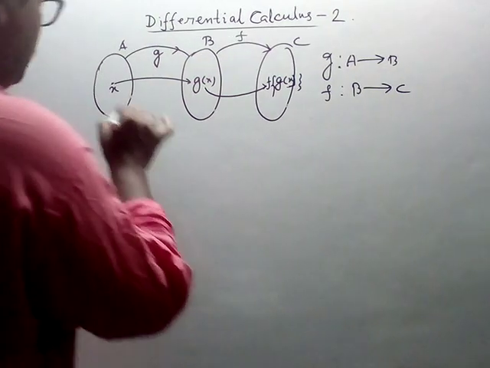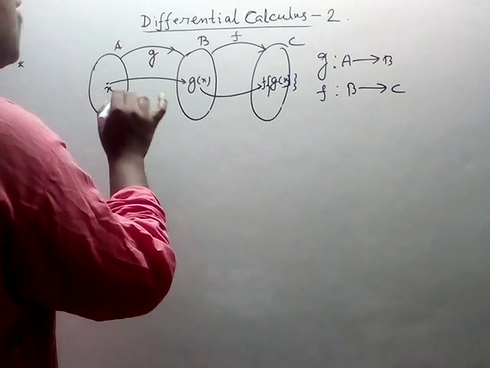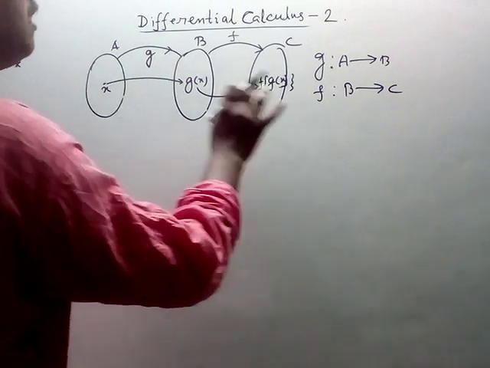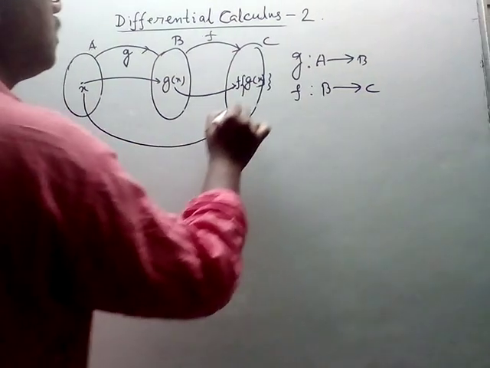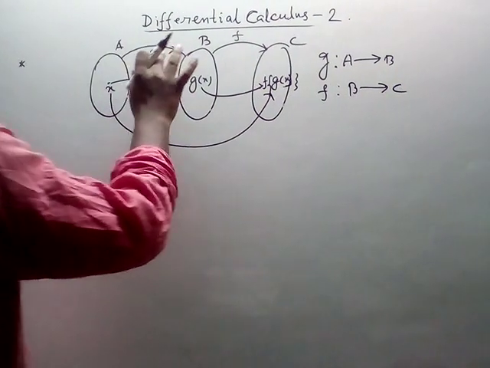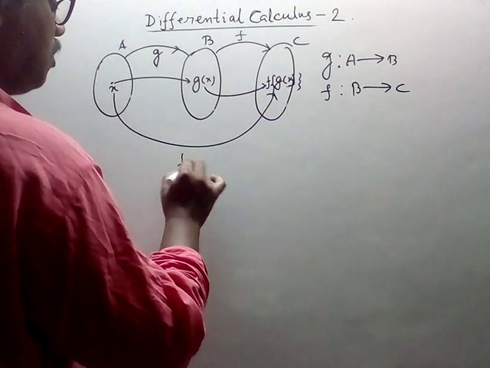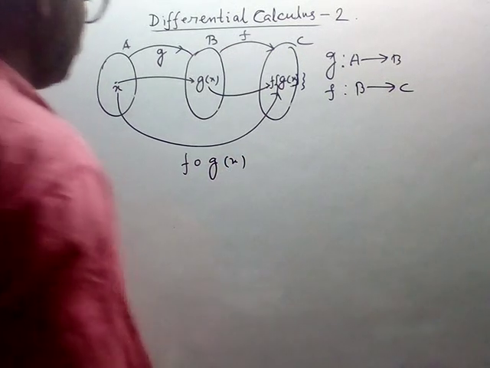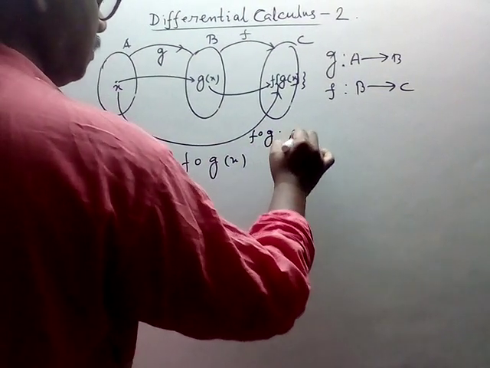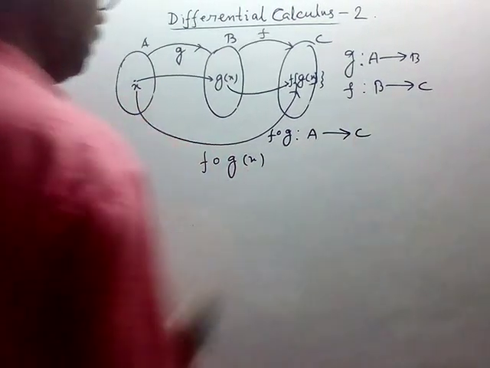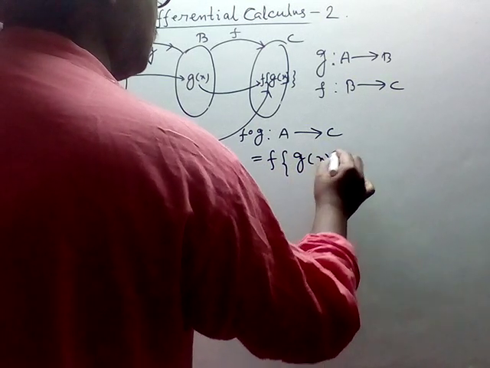We can directly get f of g(x) from the point x by the combination of the two mappings g and f, and it is denoted by f composition g of x. This mapping, f composition g, maps from A to C, and it is defined by f of g(x).